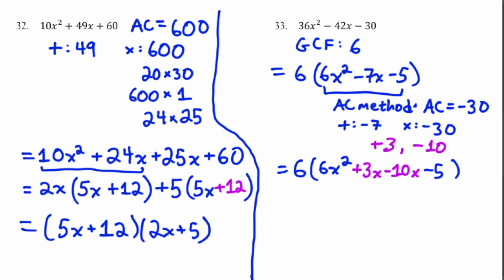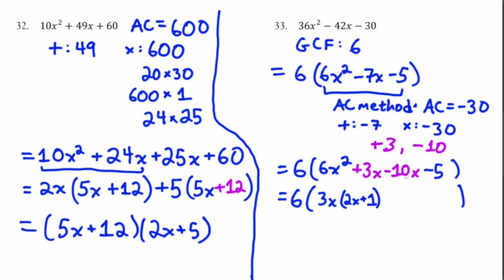Okay, then we factor by grouping. This 6 is just along for the ride. The first group has a 3 and an x in common. When I take out 3x, I get 2x plus, I took 3x out of 3x. Do you remember what happens when you take something out of itself? When you take 3x out of 3x, you're left with 1. Then in the last two, this problem's so good.